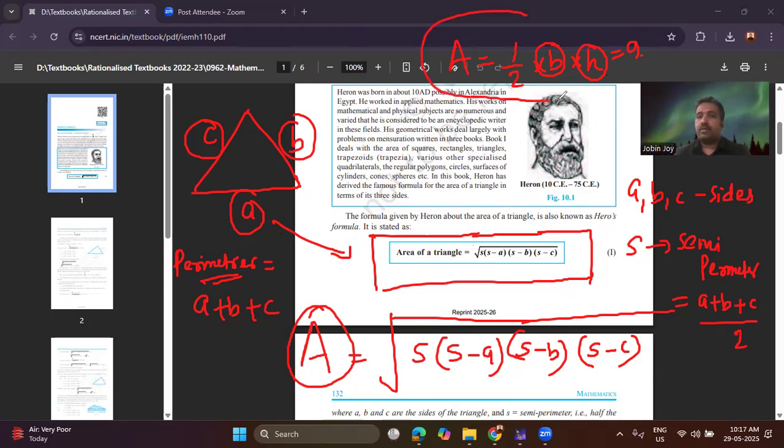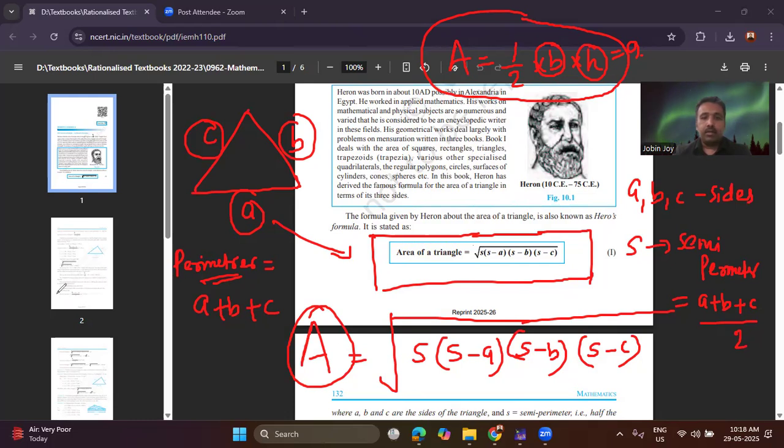If we know the base and height, we can use the other equation. This is called Heron's formula, and we can apply it for any type of triangle, such as scalene, isosceles, equilateral triangle.